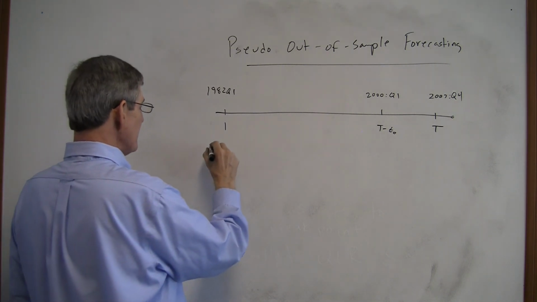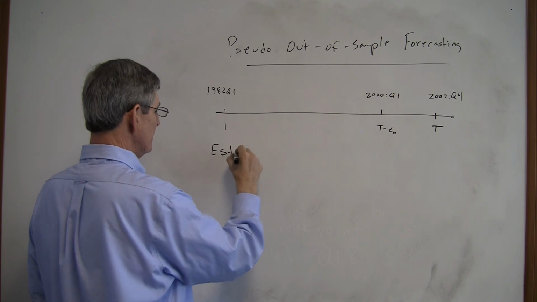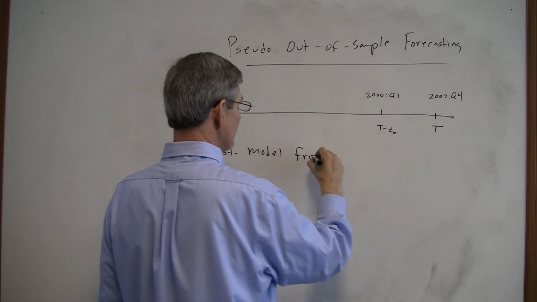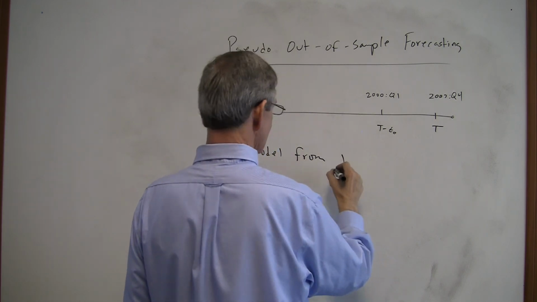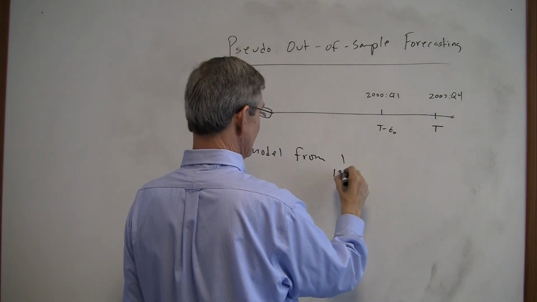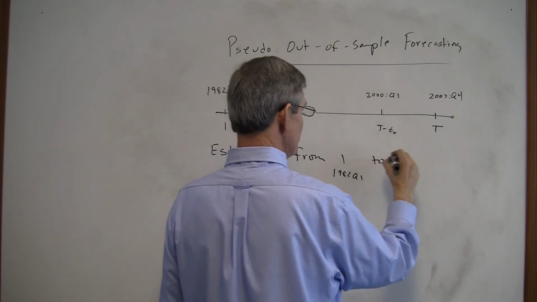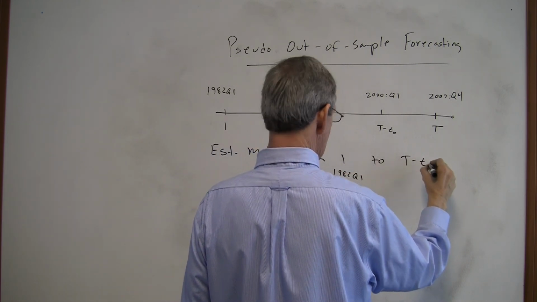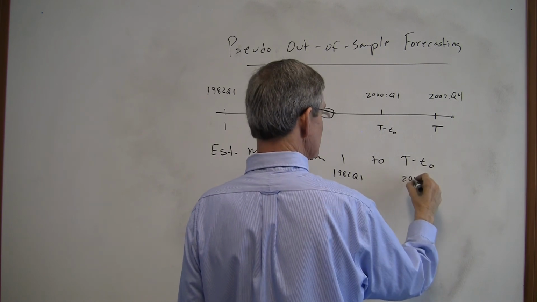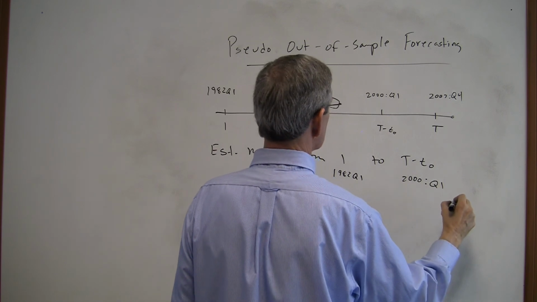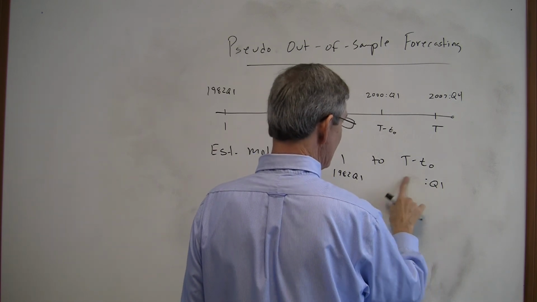You would estimate the model from 1982 Q1, from t equals 1 to T minus T0, 1999 Q4.